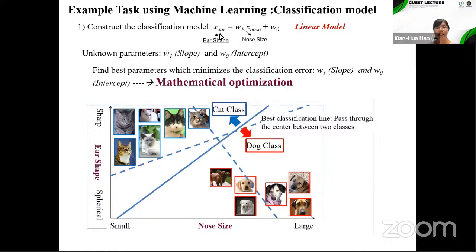X ear, the ear shape, can be represented by X nose through a linear transformation of the nose size. So what's the unknown thing? The unknown things are W1 and W0. We want to optimize W1 and W0 in our training phase.